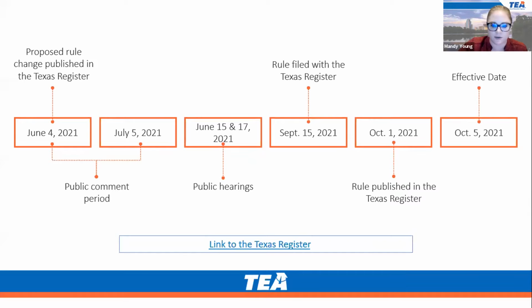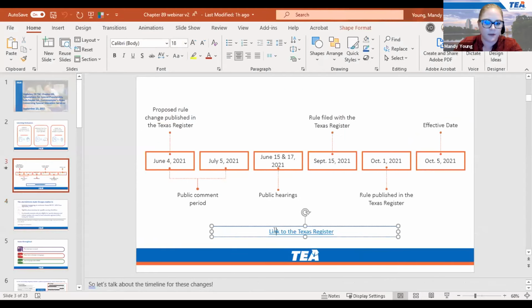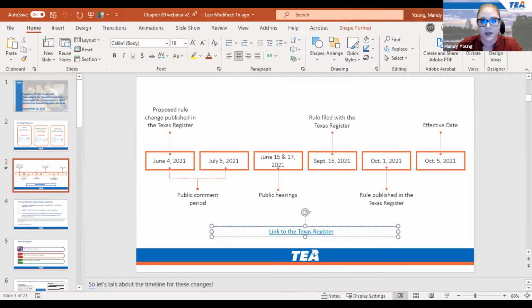So there's a link to the Texas Register. I'm going to see if I can drop that into the chat right now so that you can go there. It's not published yet, but it will be. I dropped it in for you, Mandy.